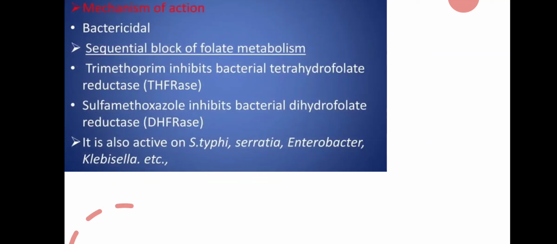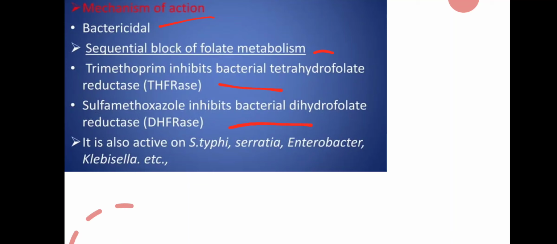This you remember. Then mechanism of action, it is bactericidal. That is, it blocks the folate metabolism. Trimethoprim will inhibit the bacterial cell wall synthesis. Sulfamethoxazole will inhibit the bacterial dihydrofolate reductase. Okay, means folate metabolism.